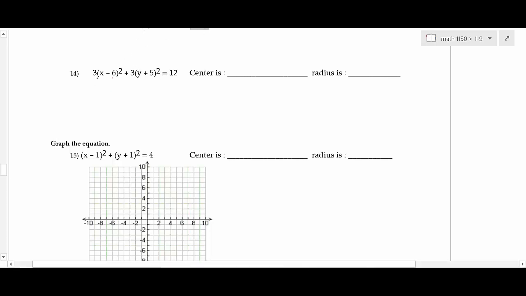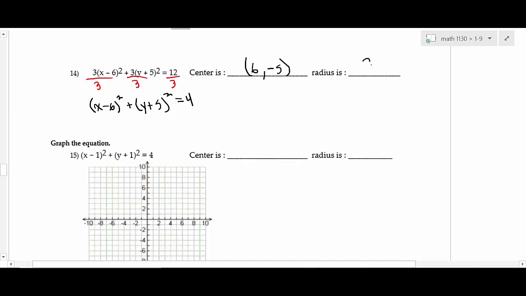So what we're going to do is divide each key piece of this problem by 3, okay? That gives you x minus 6 to the second plus y plus 5 to the second is equal to 4, okay? Now, in your head, what's the center? 6, negative 5. What's the radius? 2, good, okay?